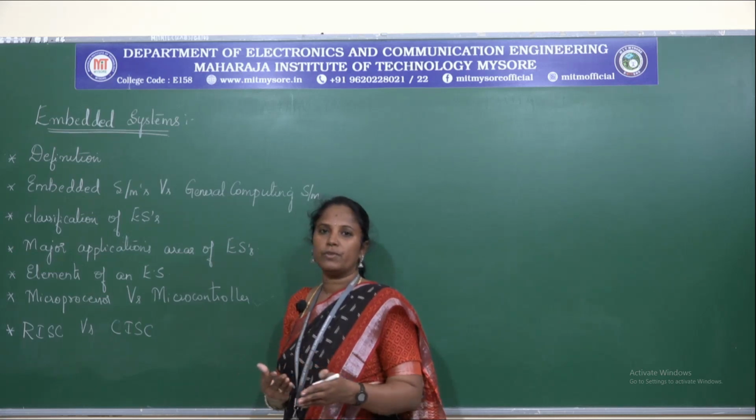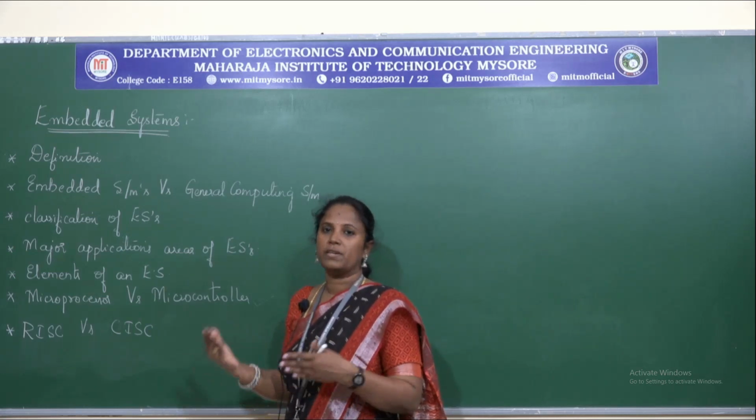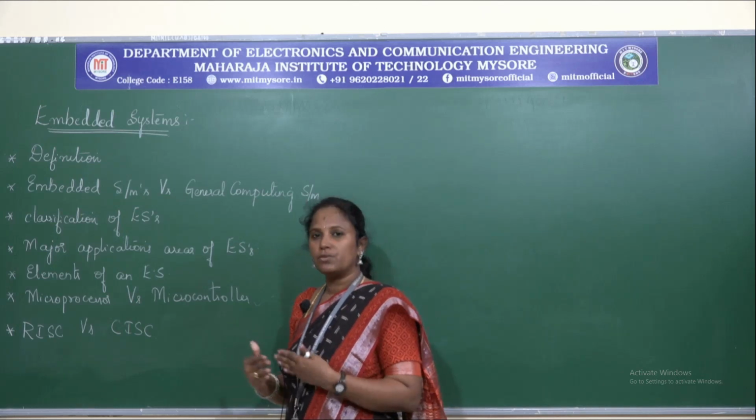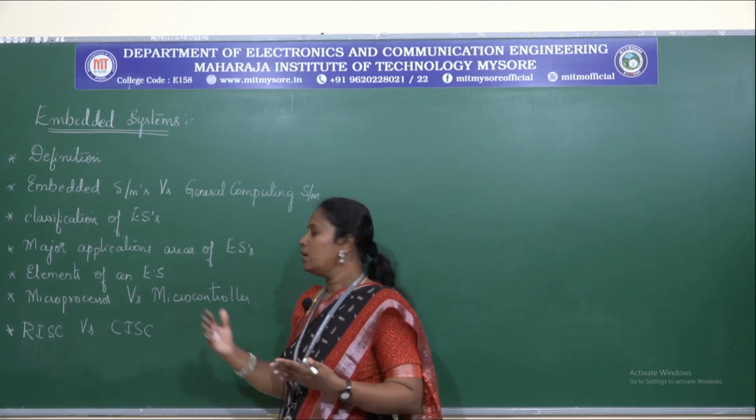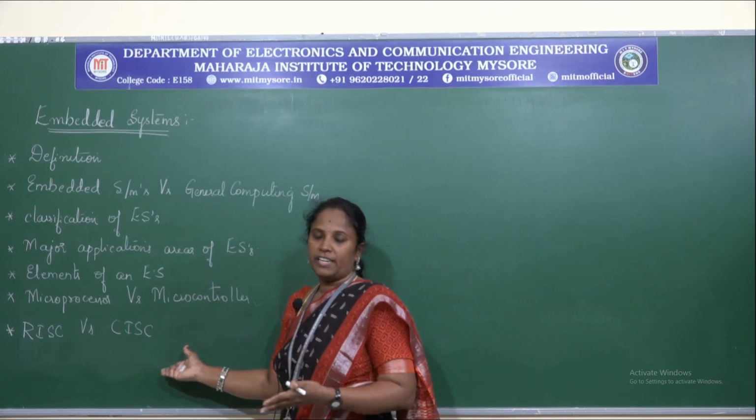In the case of CISC, complex instruction set computing, we have a larger number of instructions for processing or for moving our data in and out of the input device, output device, memory, or registers, wherever we want to move the data.